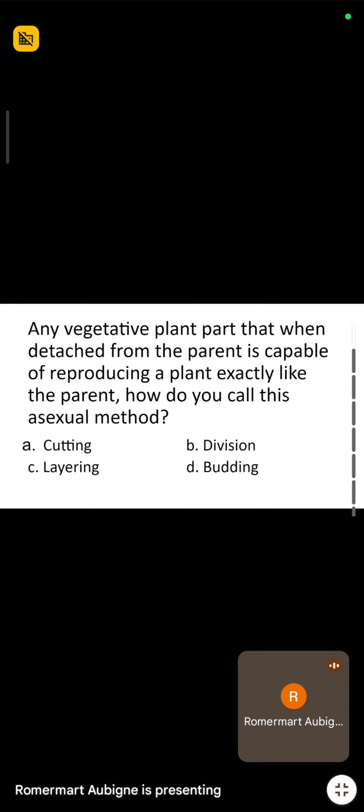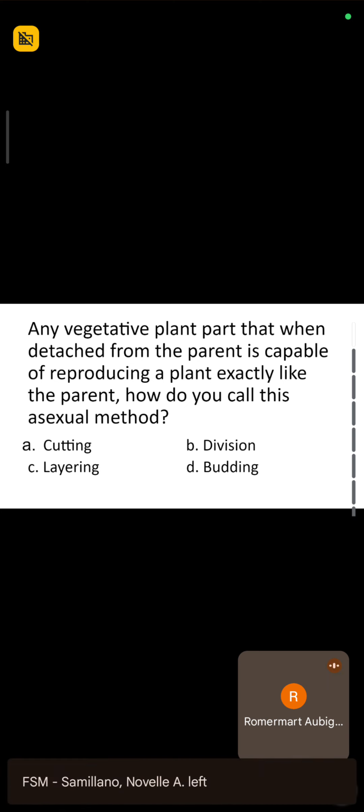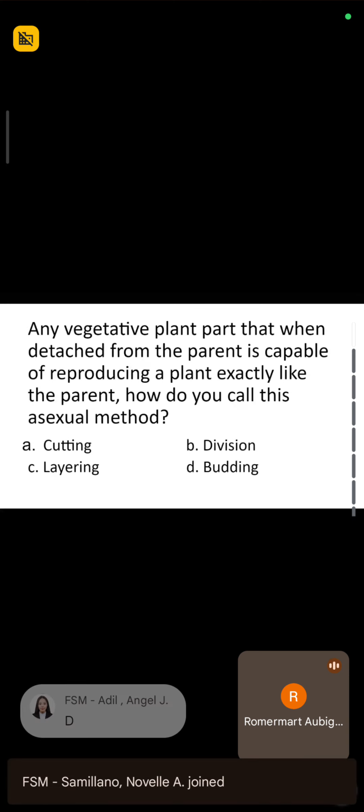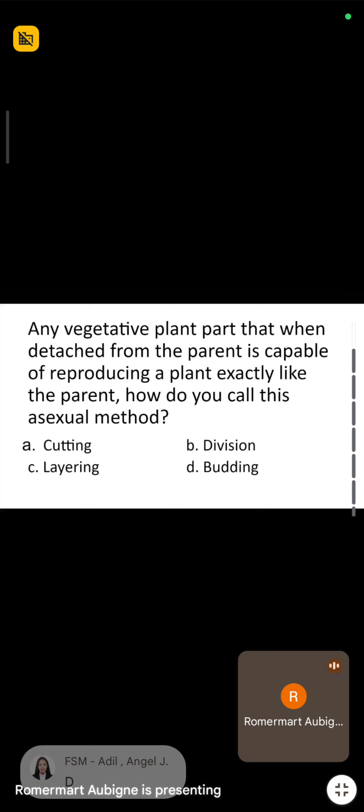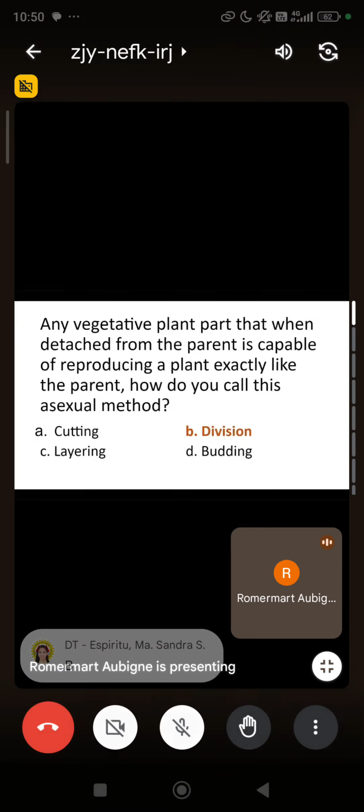Any vegetative plant part that when detached from the parent is capable of reproducing a plant exactly like the parent, we call this B, division.